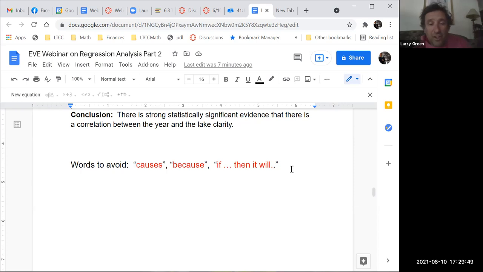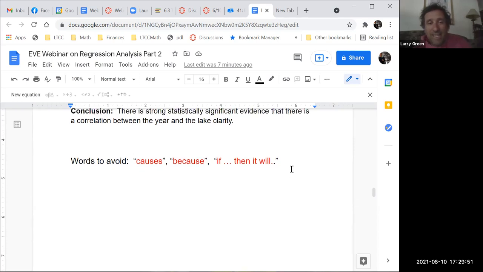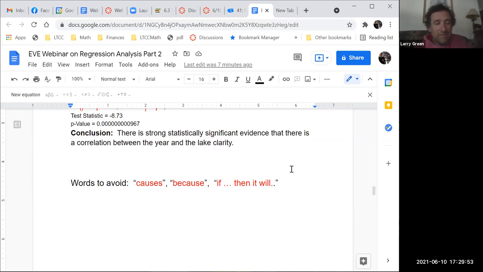I figured I'd show you the punchline of the Lake Clarity example. By the way, what do you think happened again? I told you there was all this money brought in because Clinton understood science and statistics, and then so did the senators, and they put in all kinds of mitigation efforts.